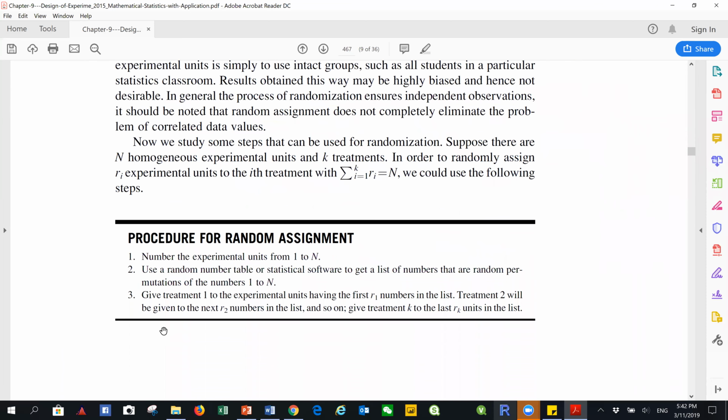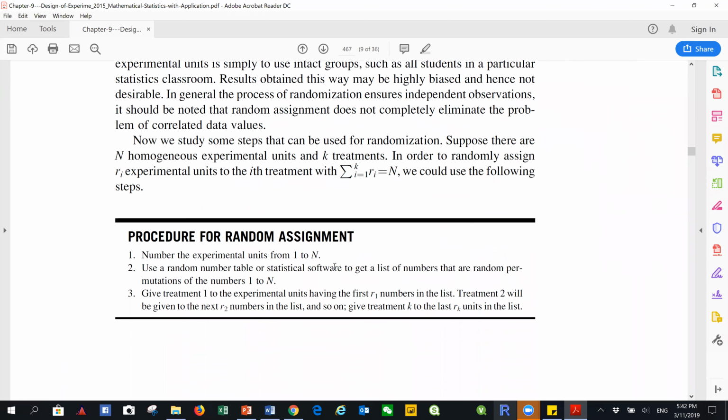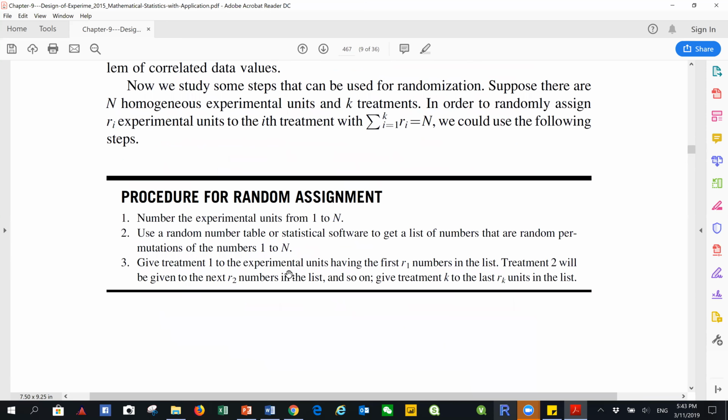So here we also see the procedure for random assignment. We have N, capital N, experimental units. Then randomization or random assignment of experimental units to treatment is that we use a random number table or statistical software to get a list of numbers that are a random permutation of the numbers 1 to N. We can use R or Excel to generate that.